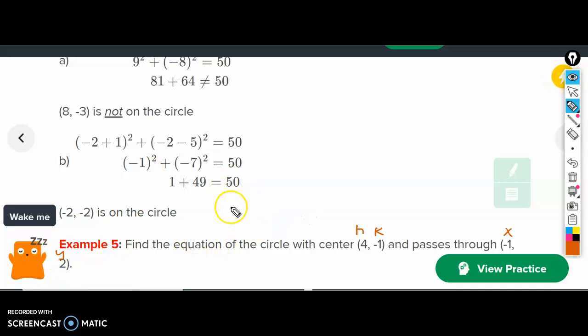And we have our formula: x minus h squared plus y minus k squared equals r squared. Now, if you'll remember, I may go ahead and pause this and make another video starting with example 5.